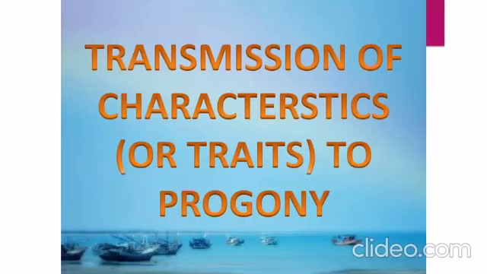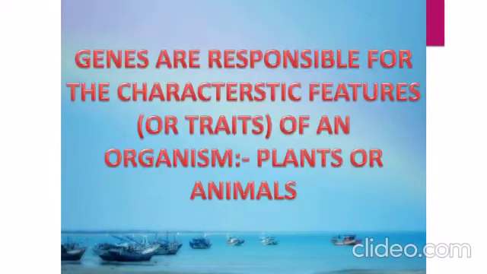Now, continuing, first of all, transmission of genes, transmission of characteristics or traits to progeny. Continuing with this topic, genes are responsible for the characteristic feature or trait of an organism, for example, plants or animals.